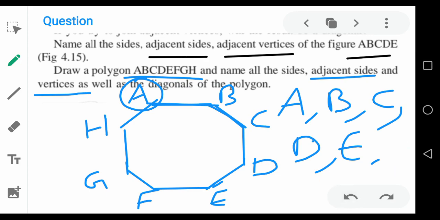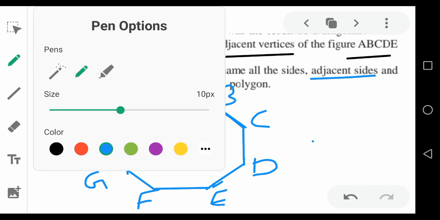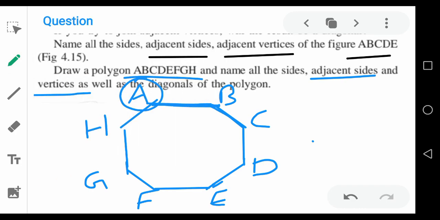So what are the diagonals in this figure? Diagonals means the line segments after joining the non-adjacent vertices. In this, these two are adjacent vertices, so you should not draw this. I'll take another color. They are on the same line segment, right? They are nearby only, no? So A and C, these are non-adjacent. So the first diagonal is AC, line segment AC. What will be the next one?